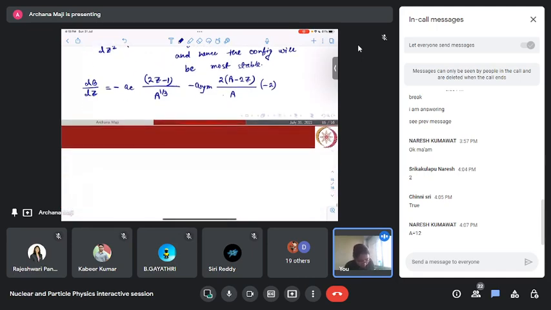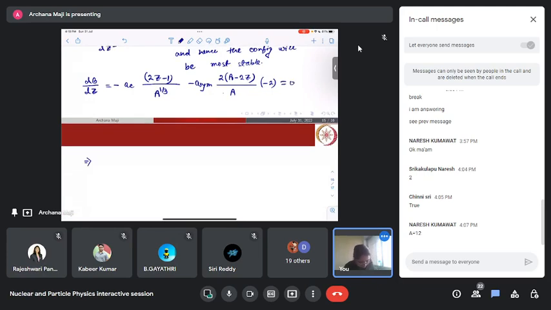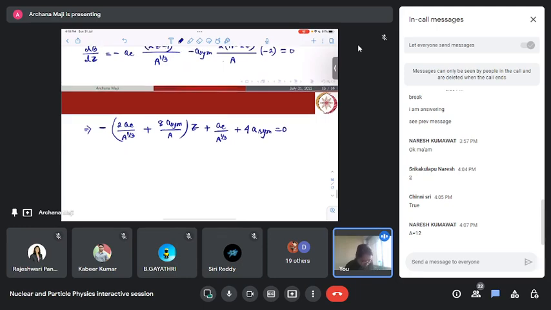Now this is equal to 0, that implies minus 2 Ac divided by A power 1/3 plus, from this term, 8 A symmetric by A, the whole quantity is multiplied by Z, plus Ac divided by A power 1/3 plus 4 is equal to 0.